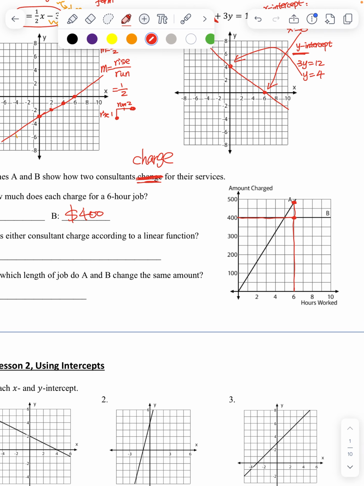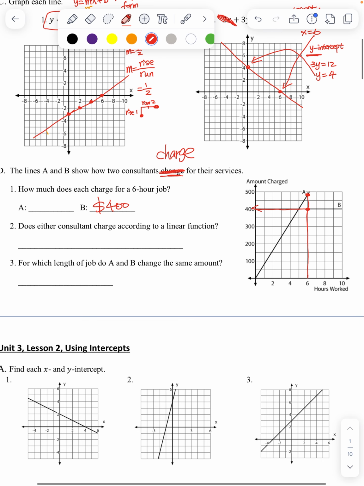Go to the y-axis. That's 400. Okay, what about A? Hey, look at here. Almost 500. Here's 450. Here, look like 480, right? Something like 480. Yeah, so the consultant A going to charge you 480 for a 6-hour job.